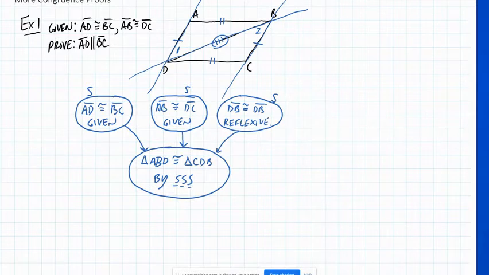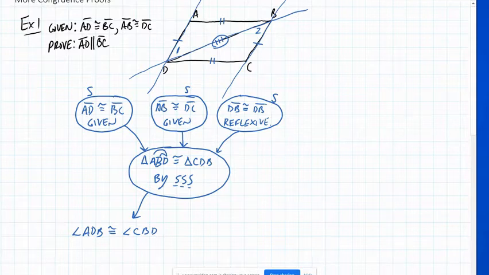Now that I have the triangles congruent, I can say that angle 1 is congruent to angle 2, or I'm going to actually list those using the letters. So angle ADB from the first triangle, notice that that's first, last, middle in terms of the order of the letters, is congruent to angle in the other triangle, first, last, middle, CBD, and that is angle 1.